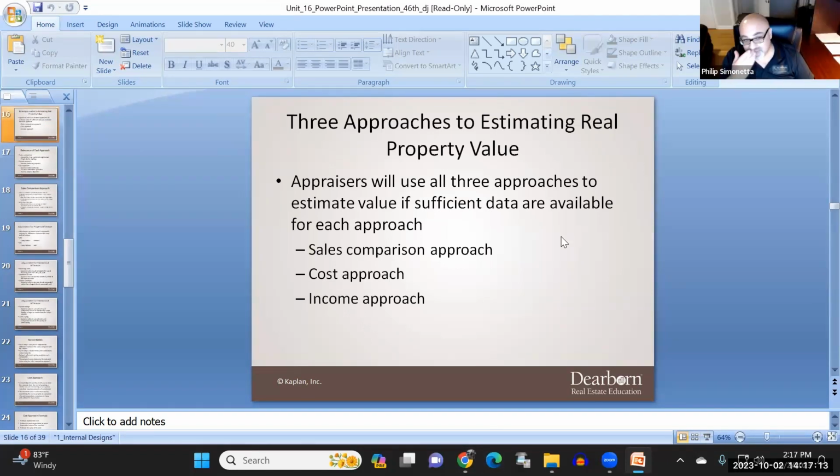These three approaches are used when possible. Now, if it's not an investment property, the income approach probably won't be used, right?